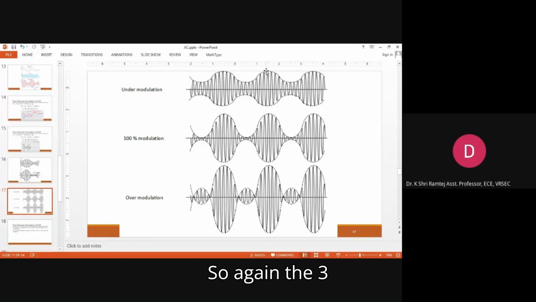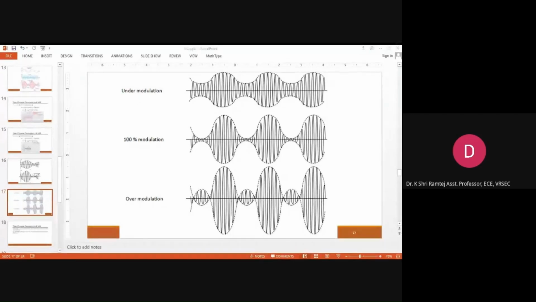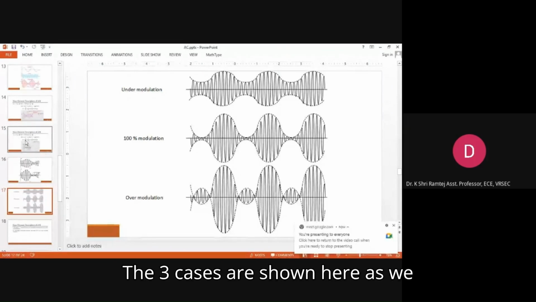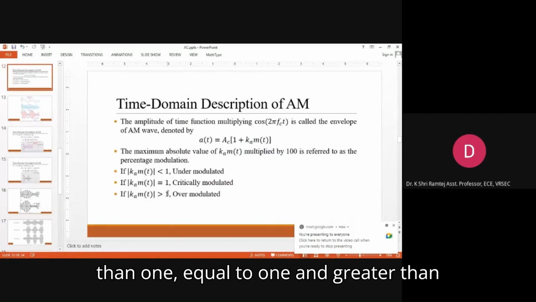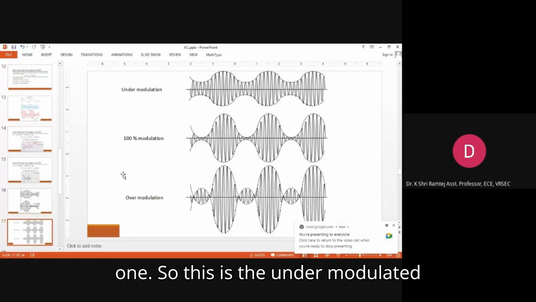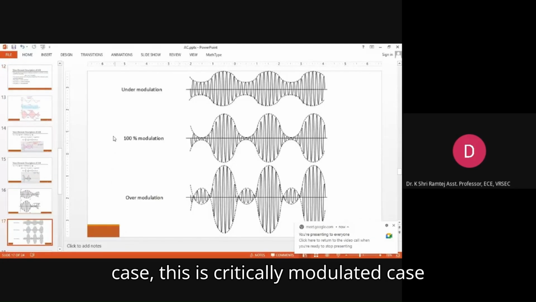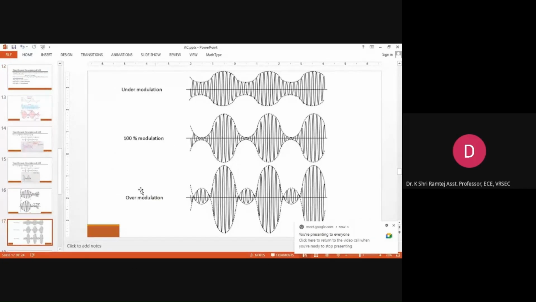Again, the three cases are shown here, as we discussed earlier. That is, magnitude of Ka m(t) less than 1, equal to 1, and greater than 1. So this is the under-modulated case, this is the critically modulated case, and this is the over-modulated case.